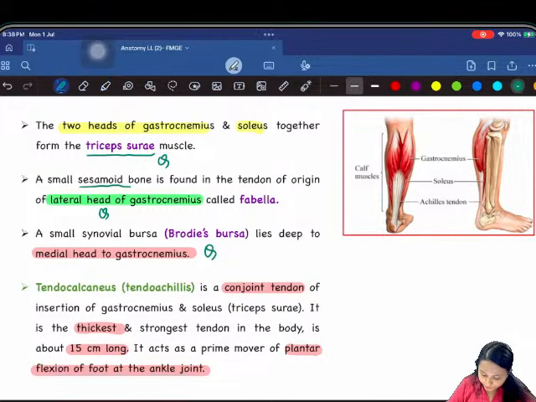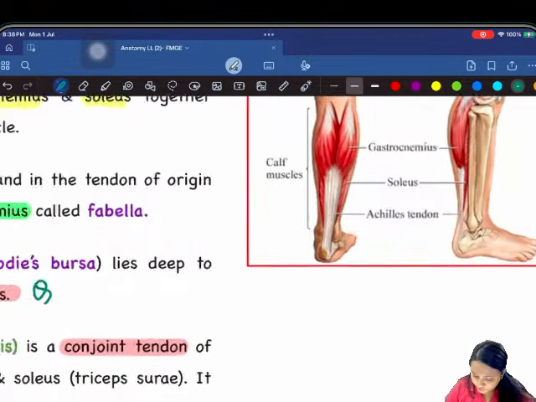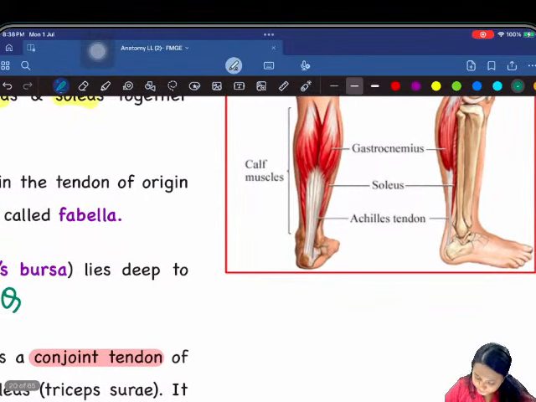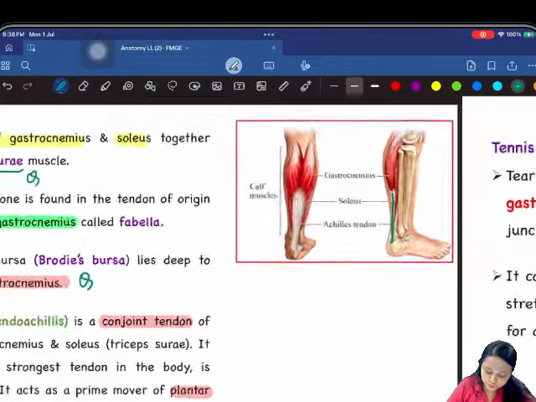So the function of the tendoachilles is plantar flexion at the ankle joint. This common tendon for the insertion of the gastrocnemius and the soleus, the triceps surae, is known as the Achilles tendon, and the gastrocnemius and the soleus are known as the calf muscle, or the triceps surae.